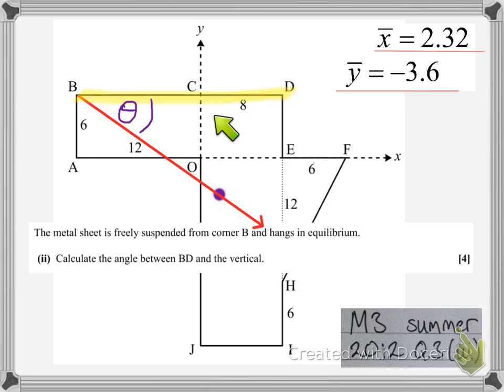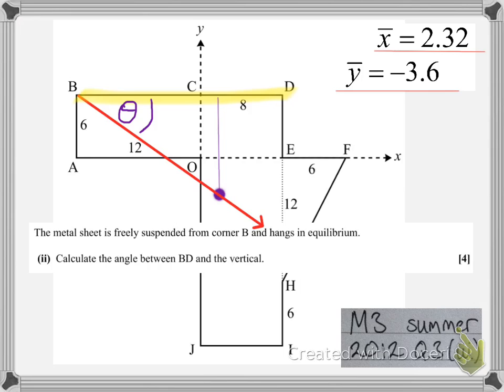We've got two perpendicular axes, so we just need to create a line that's parallel to each axis. So we've got BD, which is parallel to the x-axis, and here's our line, which is parallel to the y-axis. That means we have a right angle at this point here.